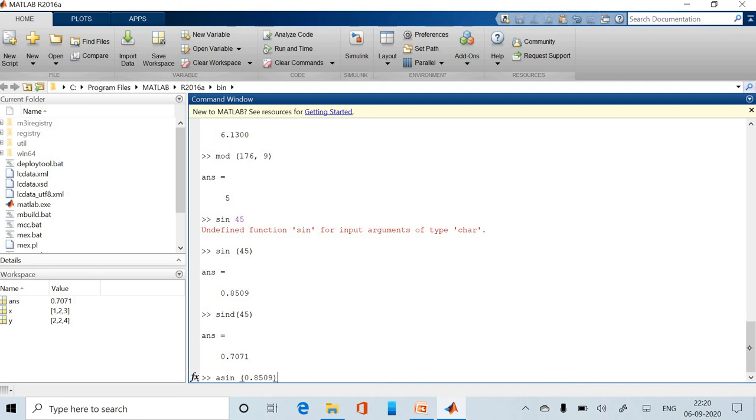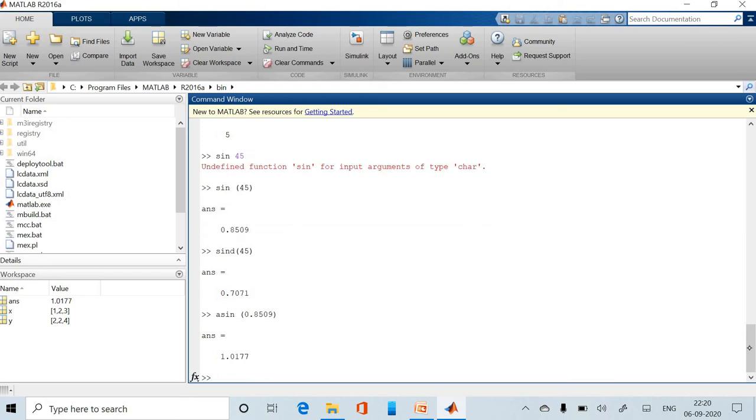So it will calculate sine inverse of 0.8509 in radians. So that is 1.0177. Okay. If you want in degrees, a sine d. Just type 0.8509. We are getting 58.3097.